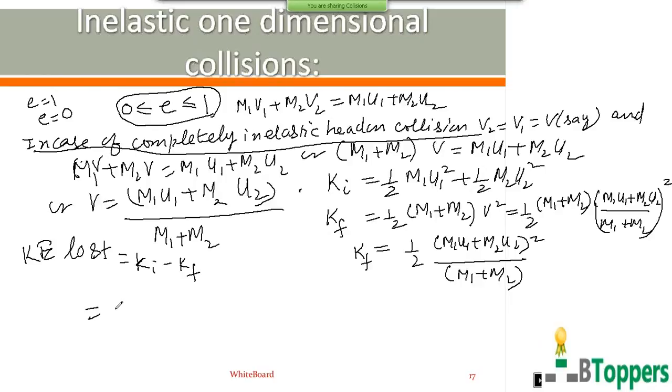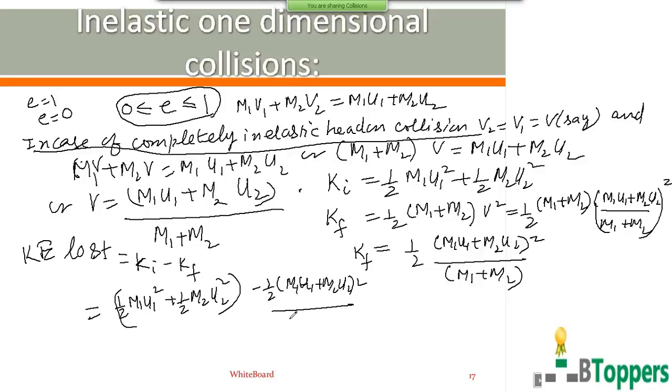Here Ki equal to half m1 u1 square plus half m2 u2 square. Kf equal to half of m1 u1 plus m2 u2 whole square by m1 plus m2.